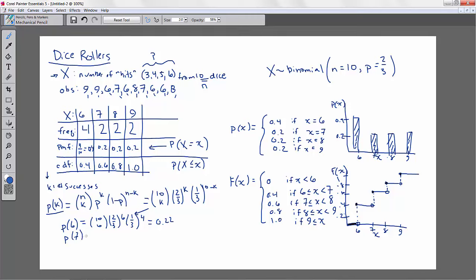We could do a similar evaluation for the probability of getting 7 successes, which is about 0.26. The probability of 8 successes is 0.20, and the probability of 9 successes is 0.09.